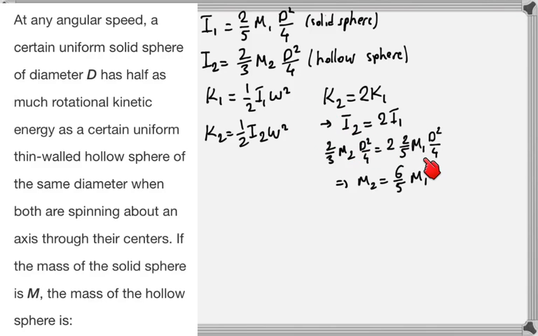Since they both have the same diameter, when you compare them, you will find M2 is 6 divided by 5 M1. Not everybody has seen this question from quiz 11, but some of you have encountered it. Anyway, I will put this solution and the problem in the lecture notes today, right after the class, so you can check.